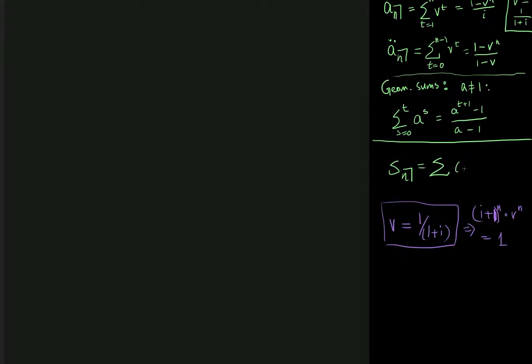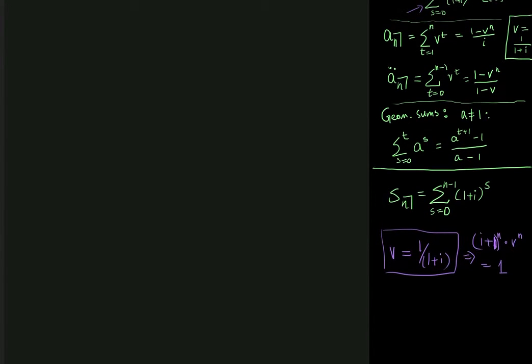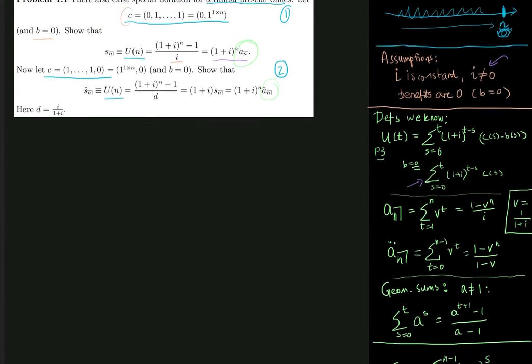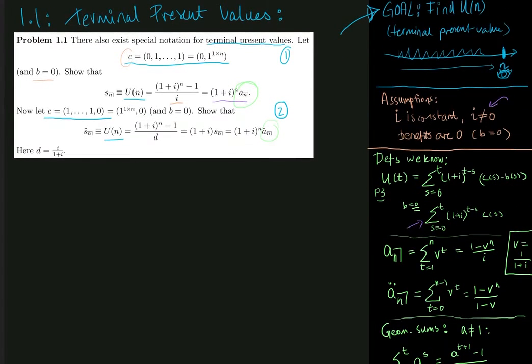It's the sum of (1+i)^s for s going from 0 up to n minus 1. So let's just remember that for a second. Okay, great. Now let's get back to case 2.